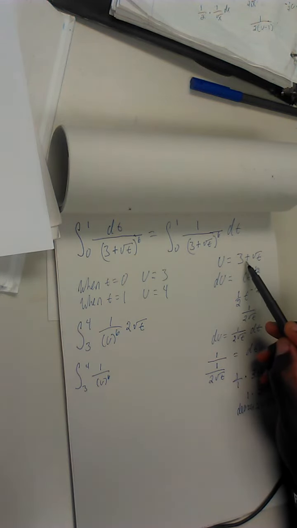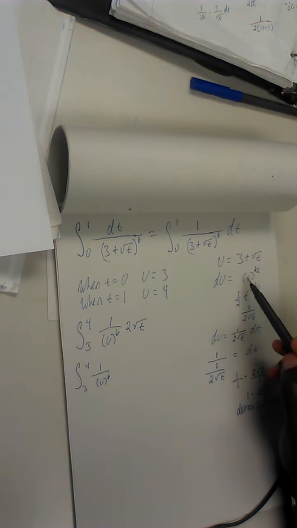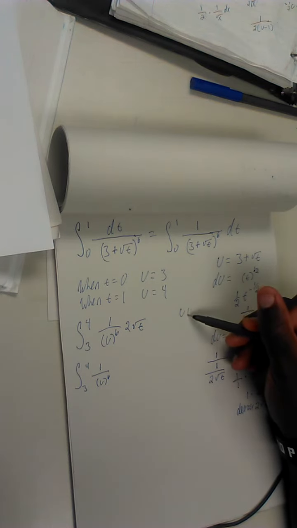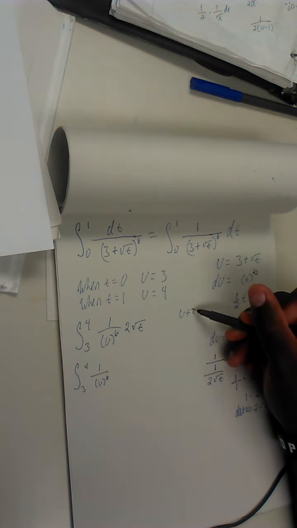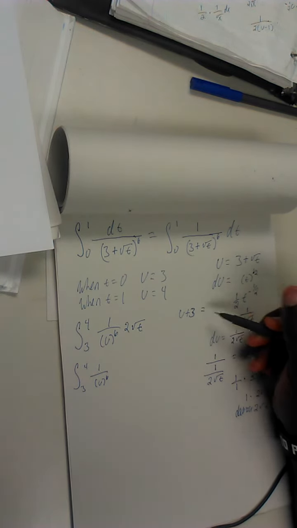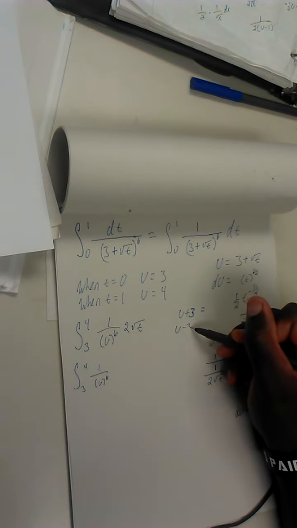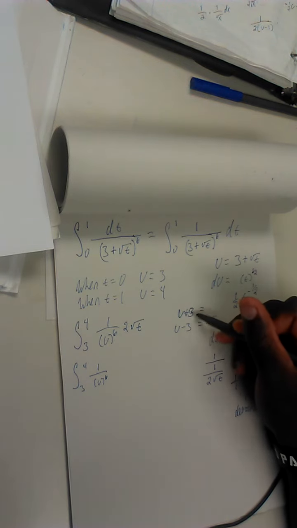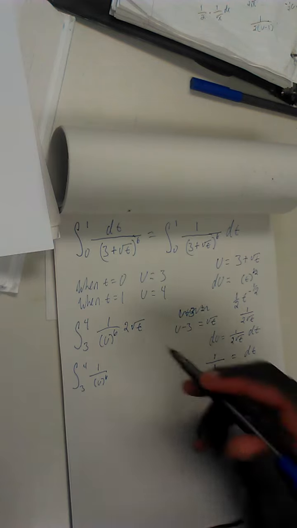So we do that by manipulating u equals 3 plus radical t, that's going to look like, I'm sorry, u minus 3 is equal to radical t, right?